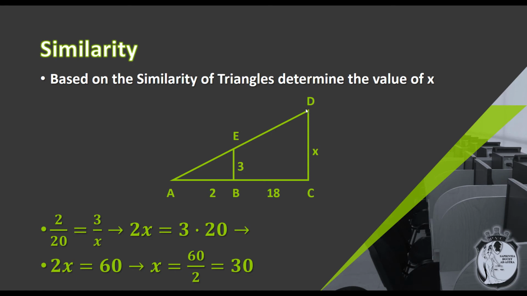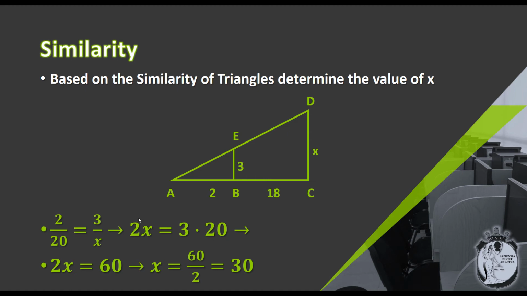And the bigger triangle AC is 20, because BC is 18, so you need to add 2. All these sides are 20, and this is the value we want to find.